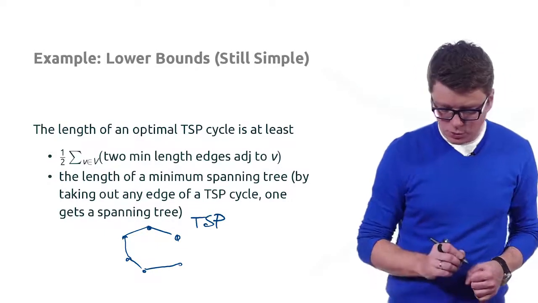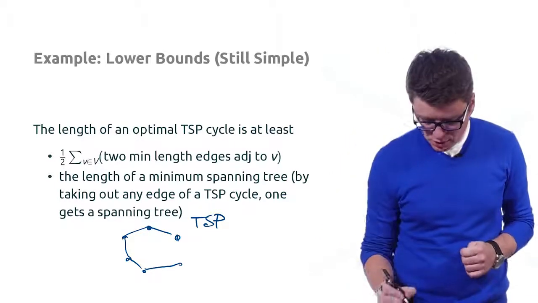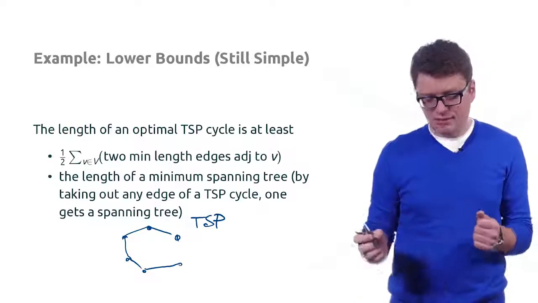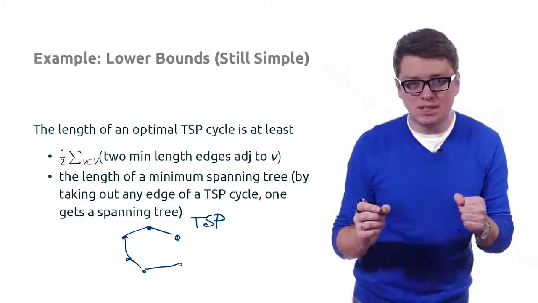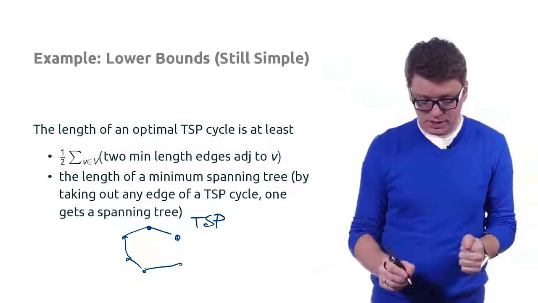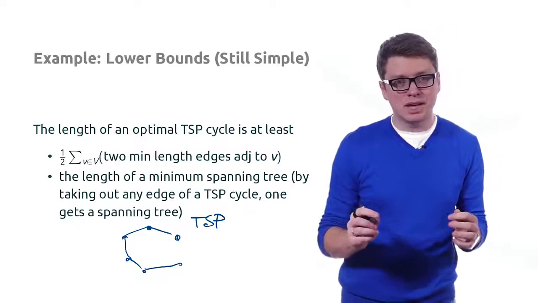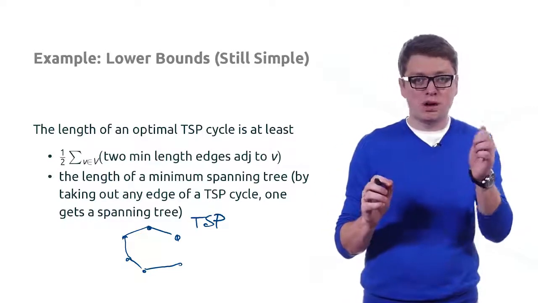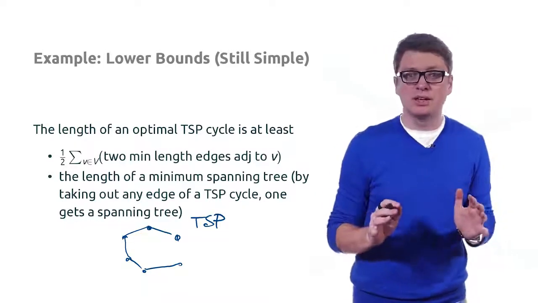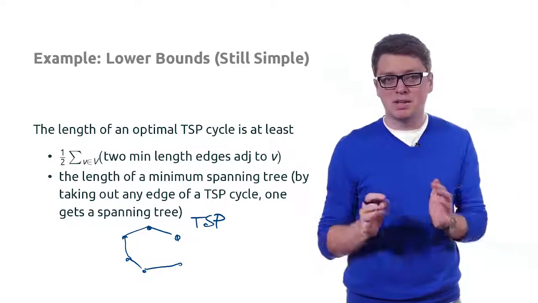Then what we know is that since all the edge weights are non-negative, what is left has weight smaller than the traveling salesman cycle. And also, as you can see from this picture, what we get is some spanning tree. Okay, so this is just a path, but this is a special case of a tree. It spans all the nodes, and it has n-1 edges.